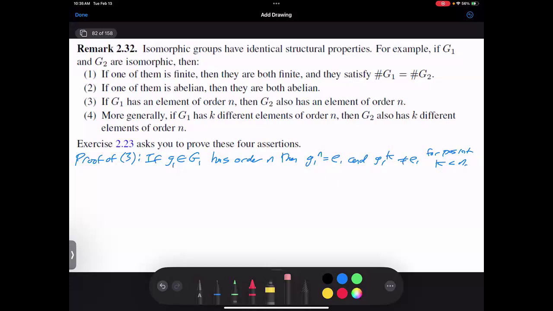So what we want to do is show that there is an element in G2 that has order n. Does anybody have any thoughts about what that element will be? So we need to find an element in G2 of order n. We know that g1 has order n in G1.